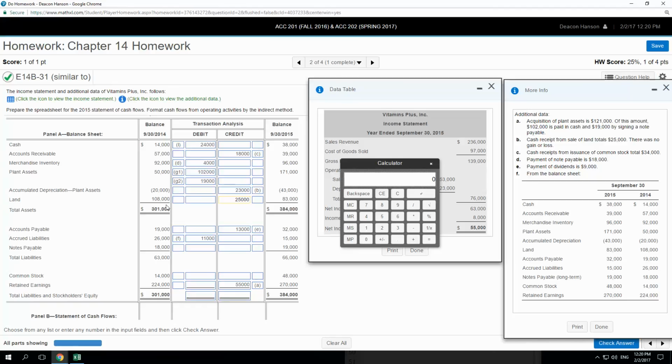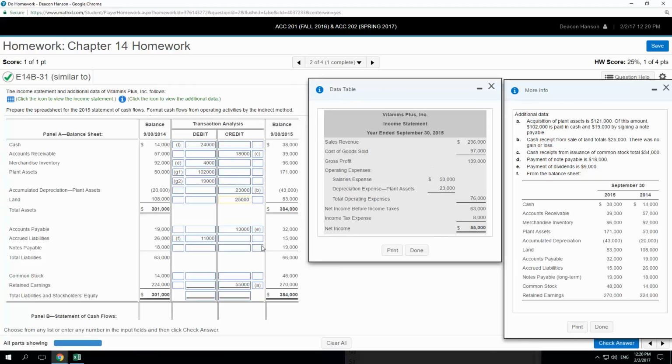Is 108 minus 25 equal to 83? You can use your calculator if you have to. Yes, that checks out. So you probably would want to go through each account and make sure, especially the ones where there's both debit and credit in the account, that it's true. Going from 2014 to 2015, the math works out. So that one's fine.